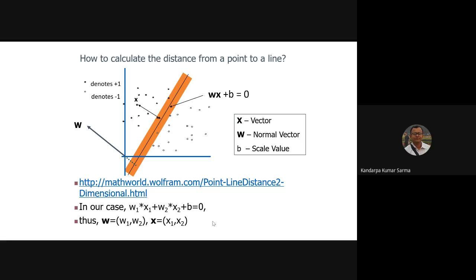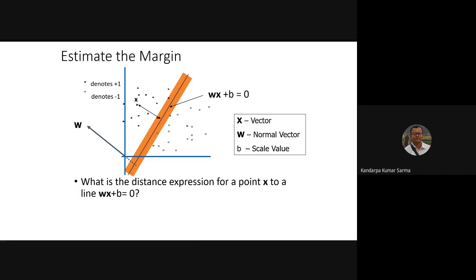A very simple case, a very nice solution to a solved problem, is shown on this particular site. So I have referred to it here. We need to have some means through which we can determine the margin. So the best way shall be to start with Wx plus b is equal to 0, and from there we can determine the support vectors.